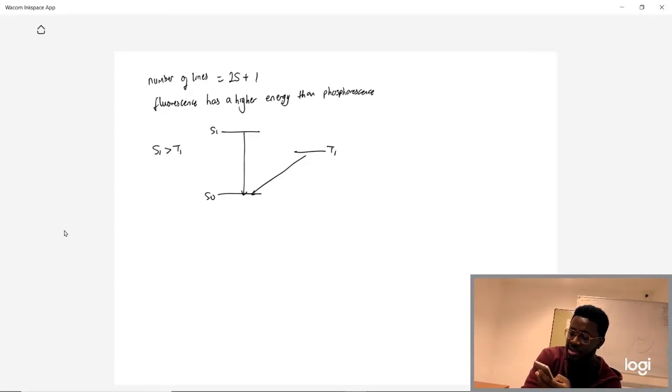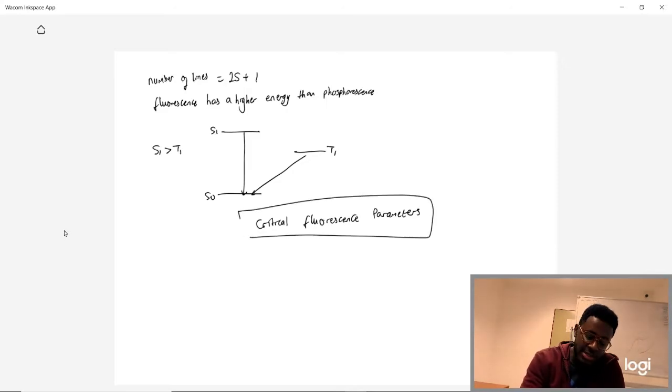Okay, let's talk about the critical fluorescence parameters. These are the parameters that can be used to describe fluorescence.